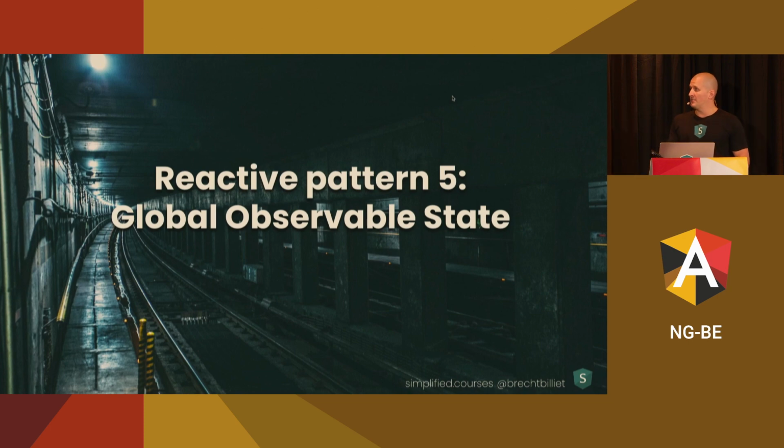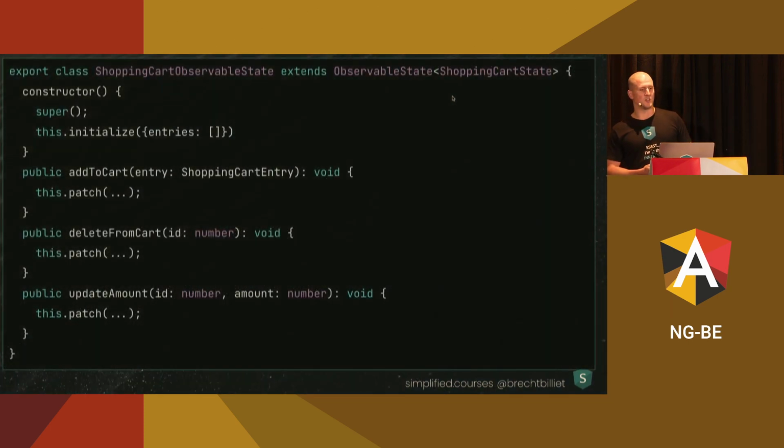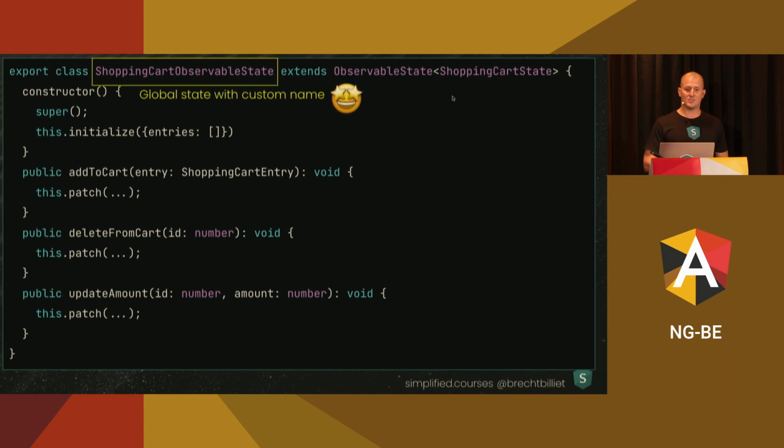Then we have reactive pattern number 5, which is global observable state. And in the global observable state, we don't have to create state services anymore with behavior subjects. We just create reactive state services. The fact that we can pass a custom name here means that we can provide it in the app component. And for a route, we can provide it on a route, we can provide it on a smart component, on a dumb component, which means it will automatically get cleaned up for us when that component or route gets destroyed.